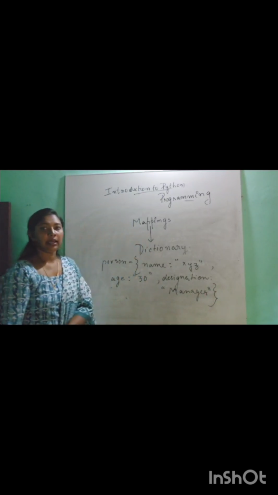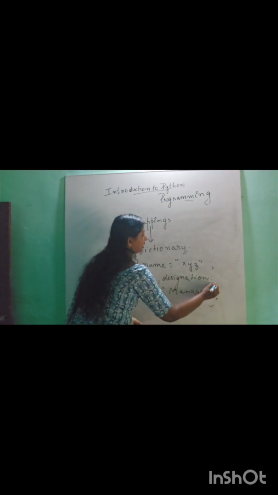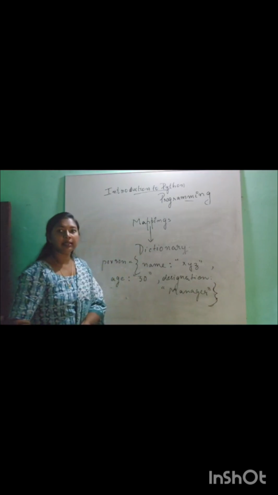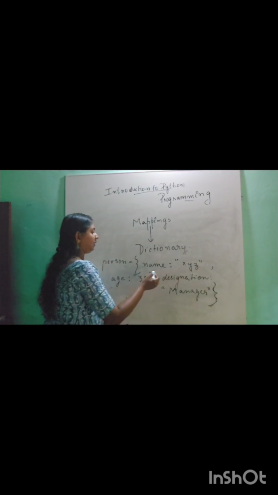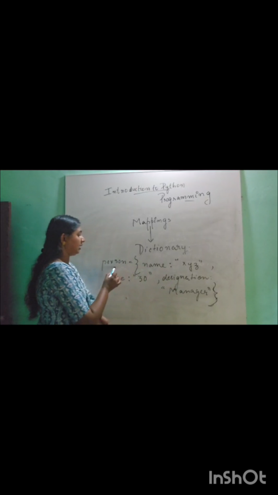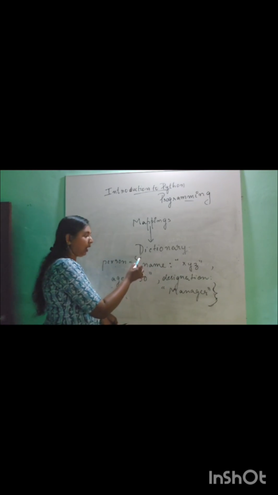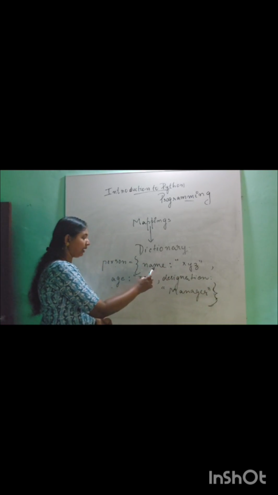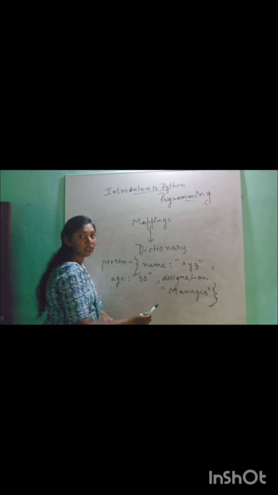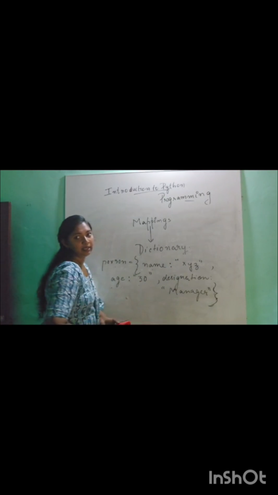And I am closing the dictionary using a curly bracket, also called a flower bracket. So here there are three values associated with this dictionary, person. For creating a dictionary you have to use curly brackets. The keys are name, age and designation, and the values are XYZ, 30 and manager.